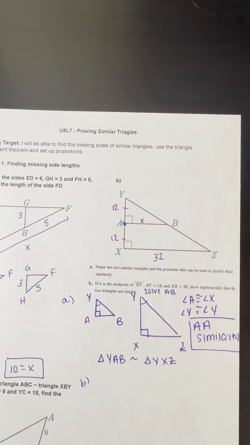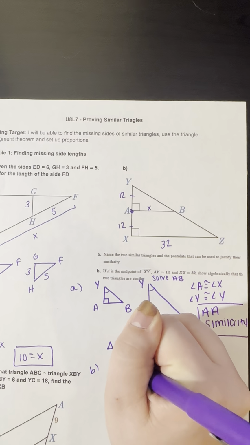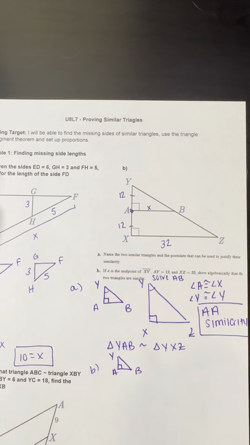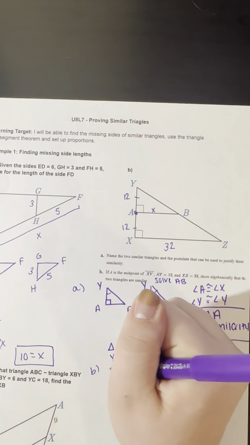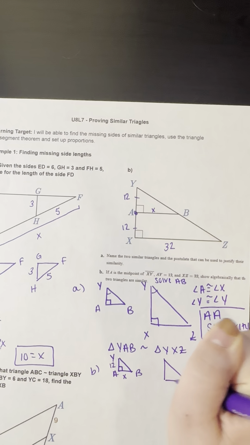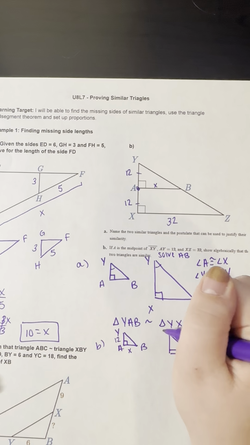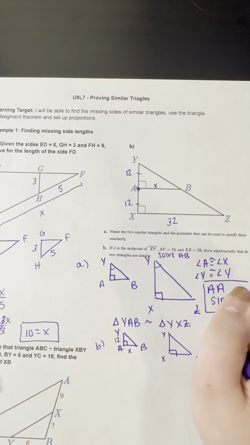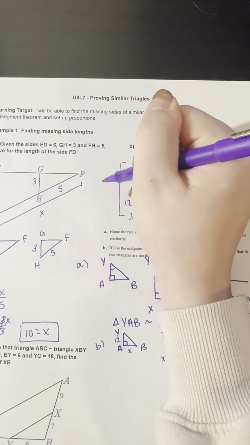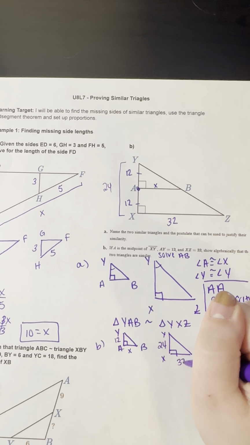So we can use the triangles that we had here. Again, YAB: my YA was 12, and I don't have this side. Over here, my bigger triangle YXZ: my whole side over here is 24 altogether, and then I've got 32.